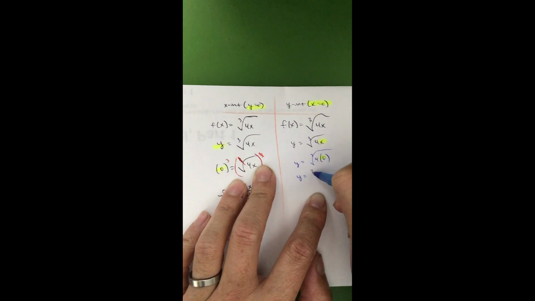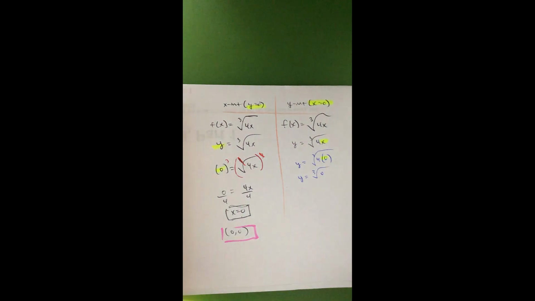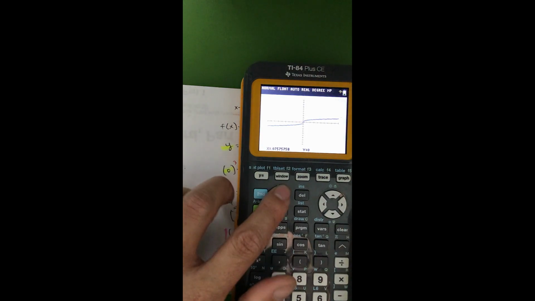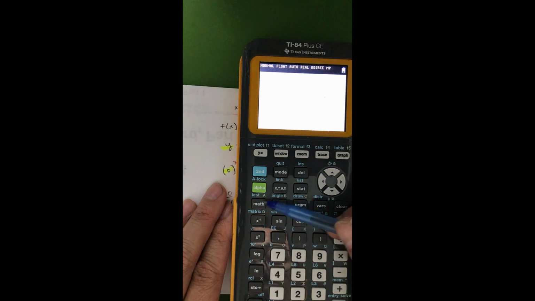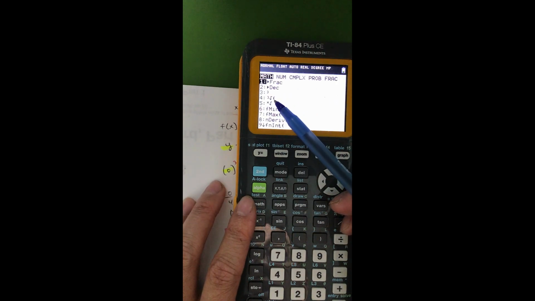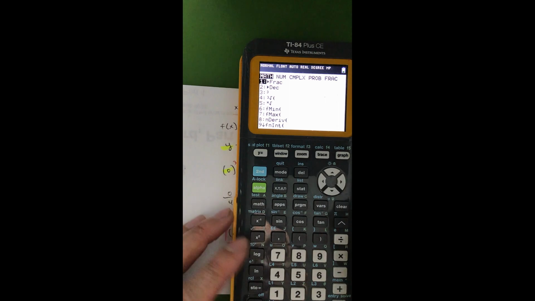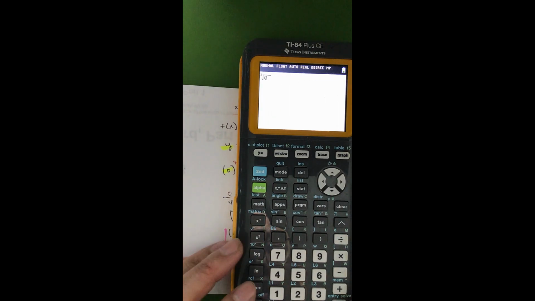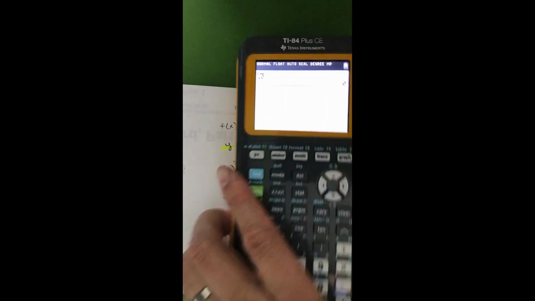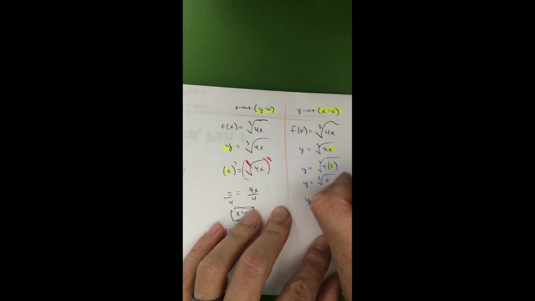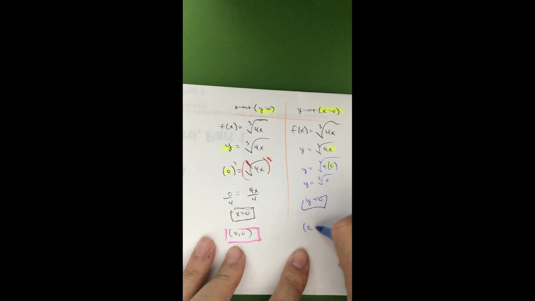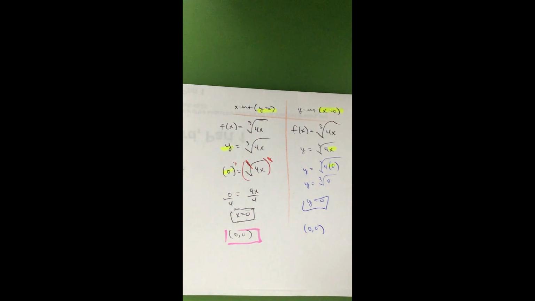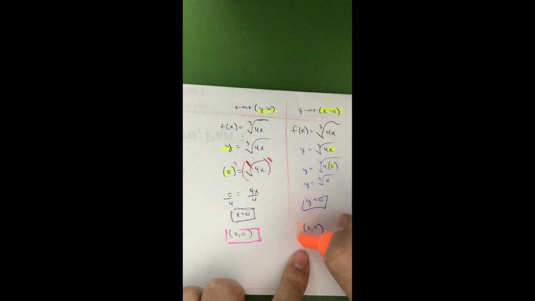The cube root of 0. Let me show you guys on my calculator if you need help. So on my graphing calculator, it is under math and then number 4. So you can just click down and then enter or press number 4 and then put a 0 in there. That's 0. Okay. So x is 0, y is 0. Look at that. It is the same.